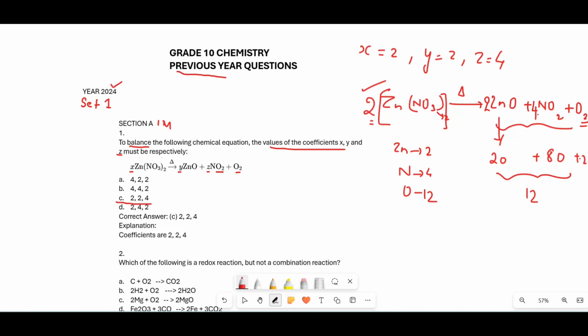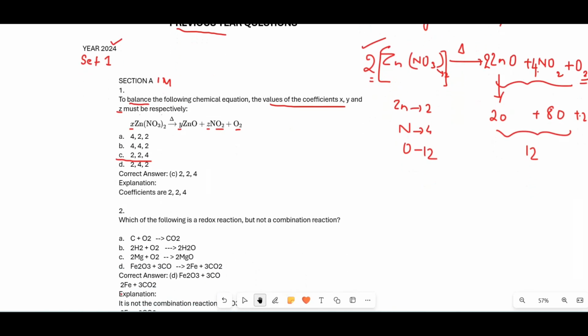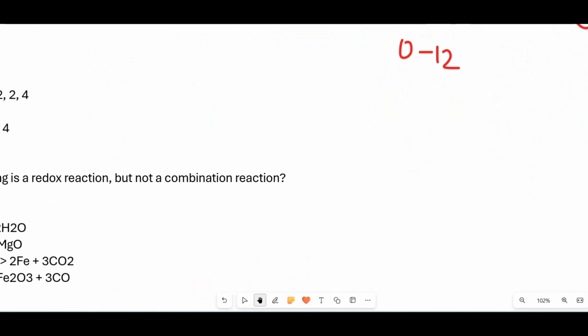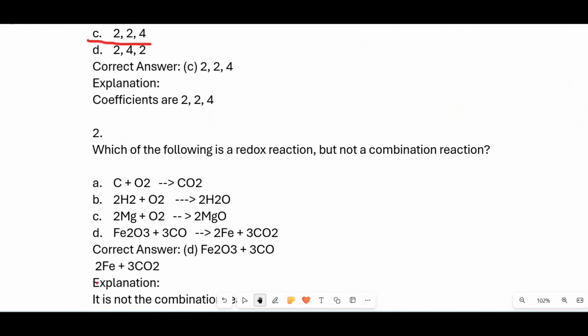Okay. Now, the second question: which of the following is a redox reaction but not a combination reaction? So all of these reactions, when you check, it is combining with oxygen, so oxidation reaction. The first one, C plus O2 giving CO2, that's a combination reaction. Again H2 plus O2 gives H2O, that's again combination.